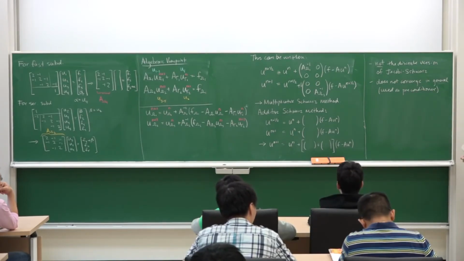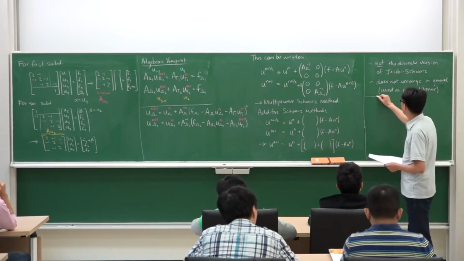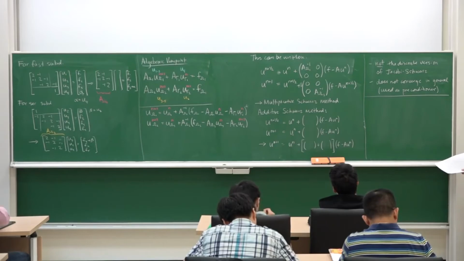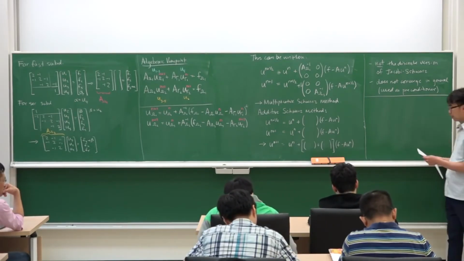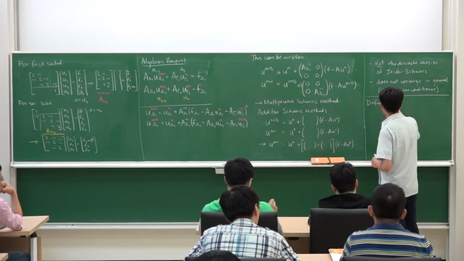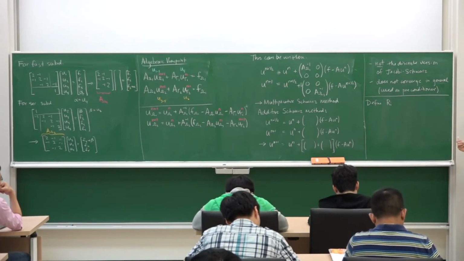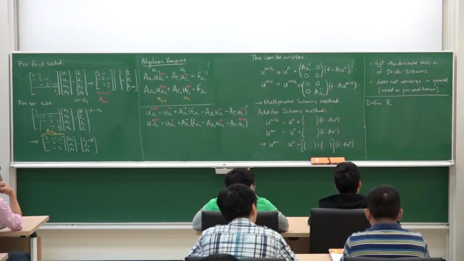Okay. Let me show you one other thing. Some notation that really helps simplify the understanding and also perhaps the implementation of some of these methods. So let's define Ri as a type of restriction operator. So remember, we saw restriction in multigrid. It maps some set of variables to some smaller set of variables.